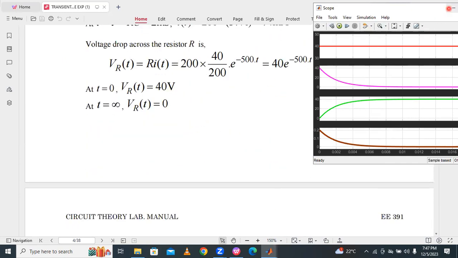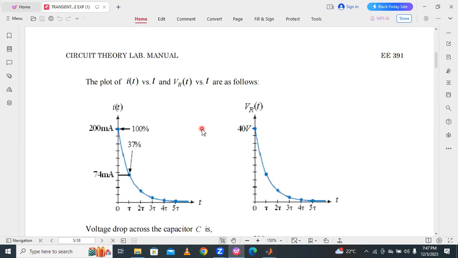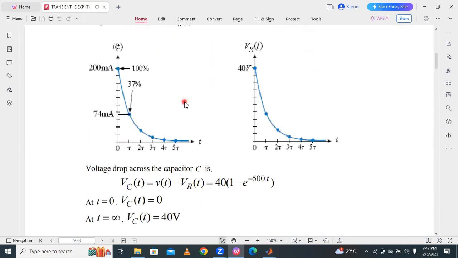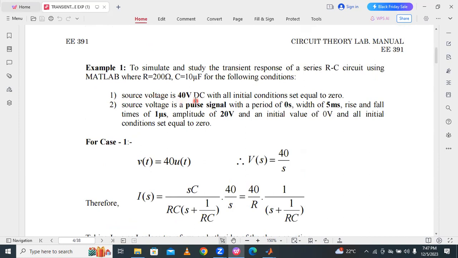Next, coming to another problem, case 2. Case 1 was a source voltage of 40 volts DC with initial conditions equal to 0.